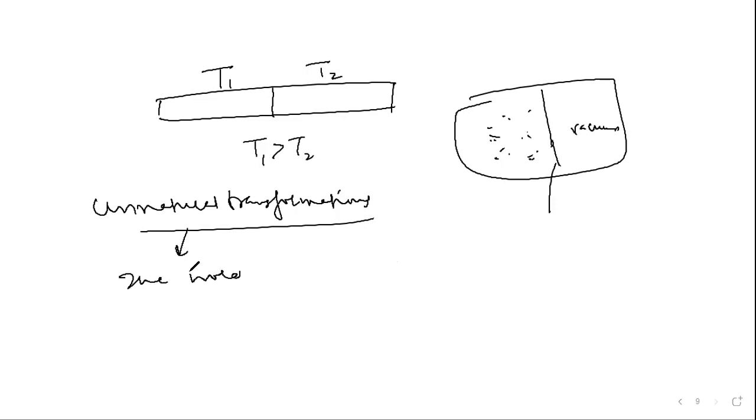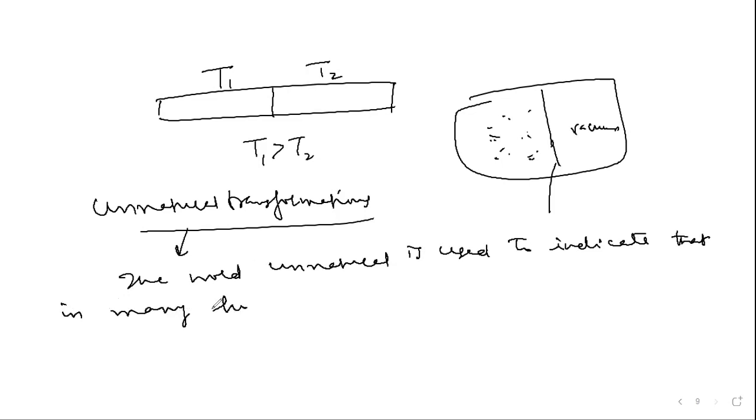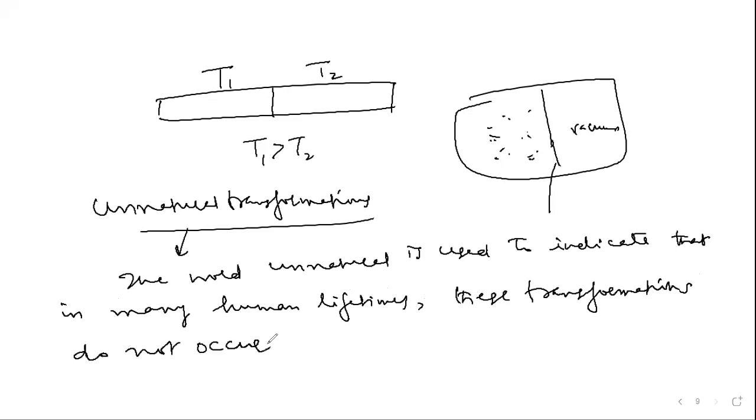I should write it. The word unnatural is used to indicate that in many human lifetimes, these transformations do not occur, right?